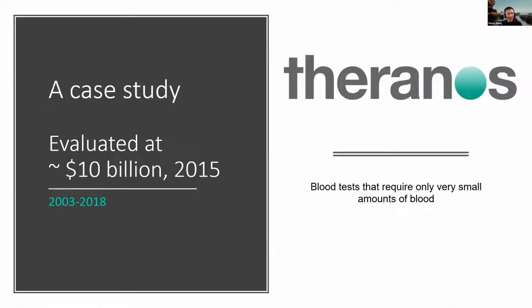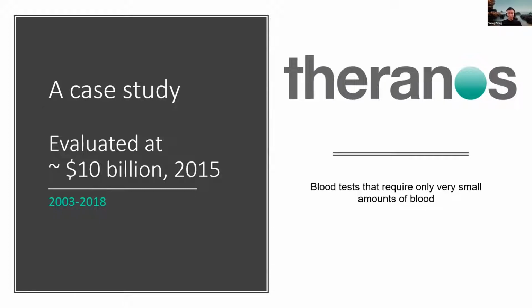I would like to do a case study using this company called Theranos as an example. Theranos was a startup company, but very quickly grew into a giant biotech. In 2015, not too long ago, it was evaluated as a $10 billion US dollar company.